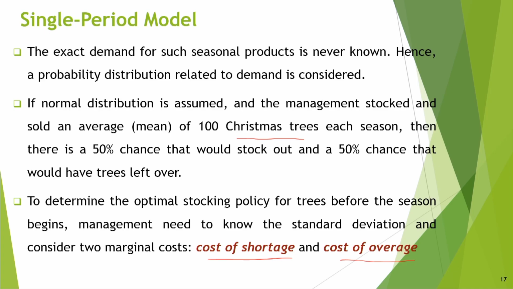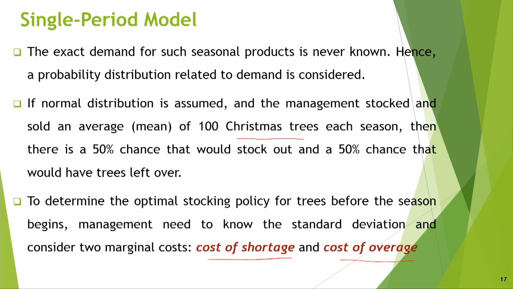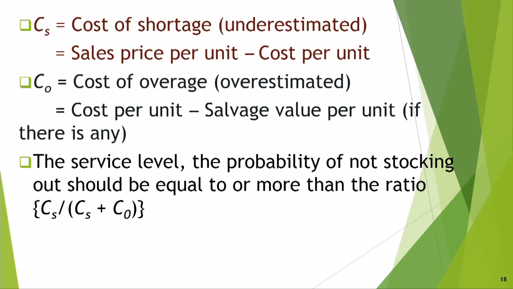Cost of shortage means due to shortage how much you are losing, and cost of overage means what will be the loss. Something like if you purchase something at 50 rupees, but you know that next day it becomes almost useless, but it could be sold at 10 rupees, then your cost of overage will be 50 minus 10, means 40.